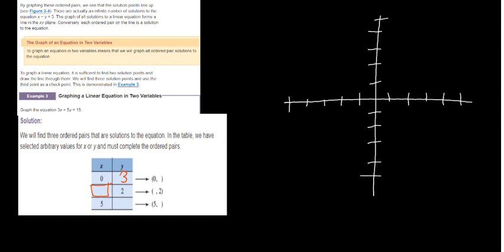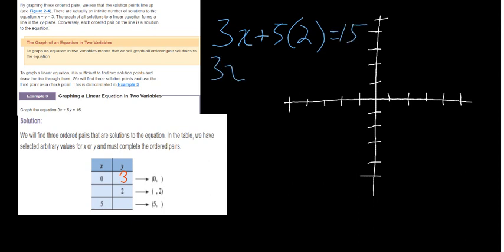All right, so next up, we need to figure out what this is. Now we're going to be plugging a 2 into the equation. Let's do a different color here. Let's do blue. So we've got 3x plus 5 times 2 equal to 15. Well, so we'll have 3x plus 10 is equal to 15.